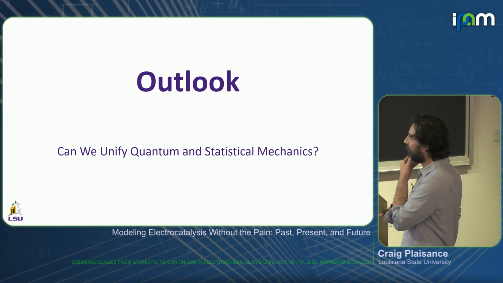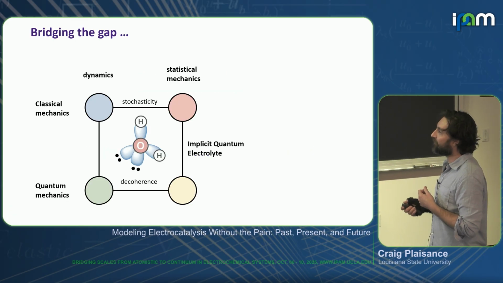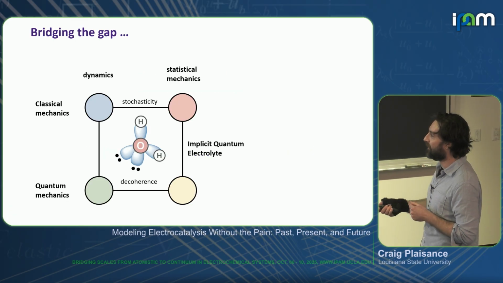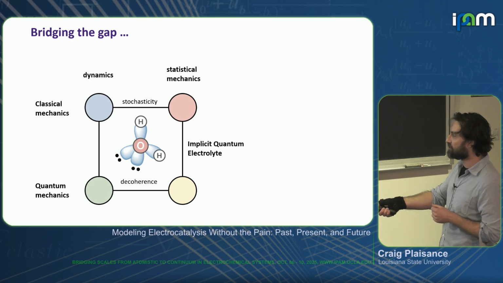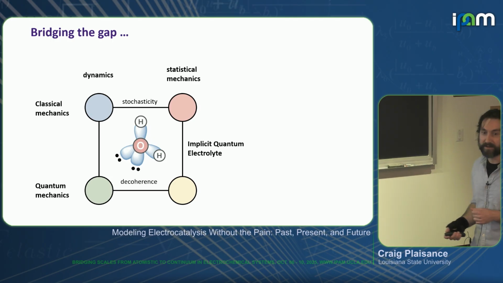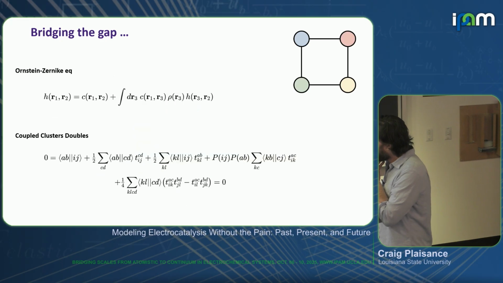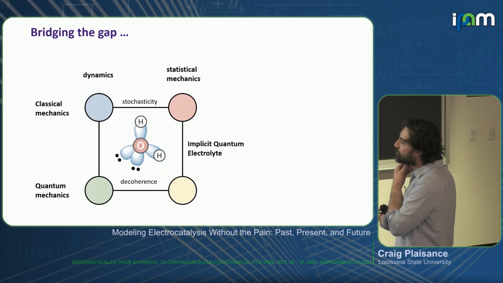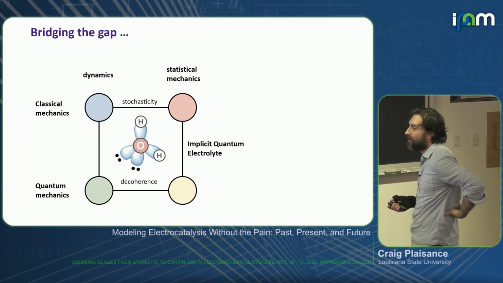But now I just want to go over an outlook of where this fits in. So we've talked about bridging the gap, and this implicit quantum electrolyte allows us to bridge the gap between classical and quantum mechanics by treating both in the same framework. When I was preparing this talk, I was just thinking about some stuff, and I realized this.